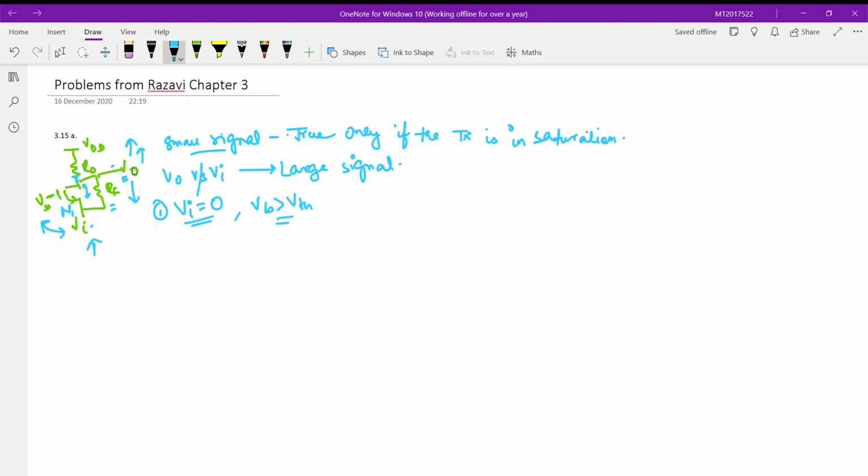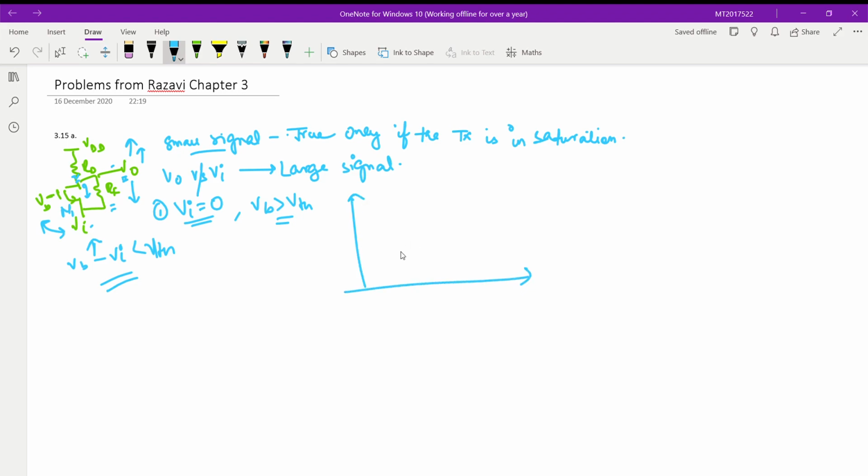So at some point, M1 will go into saturation, and if VB minus VI is less than VTH for some VI, then it will turn off, right? So let us consider that RF is small enough.